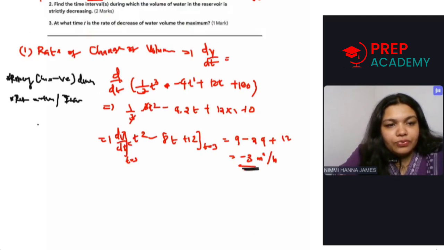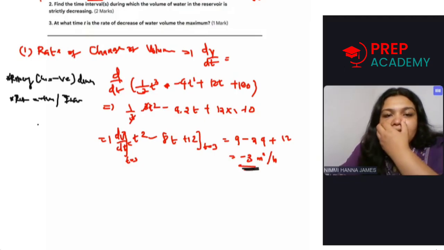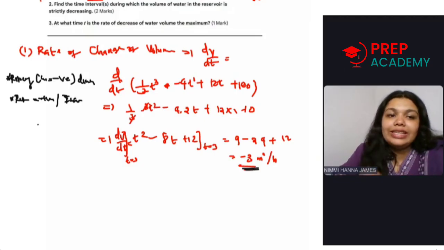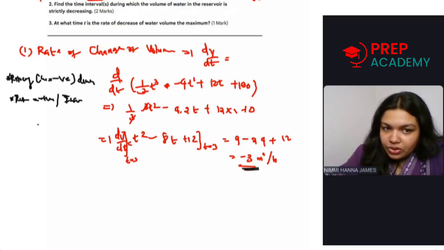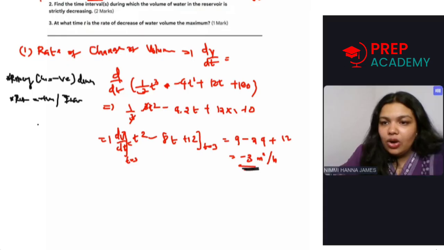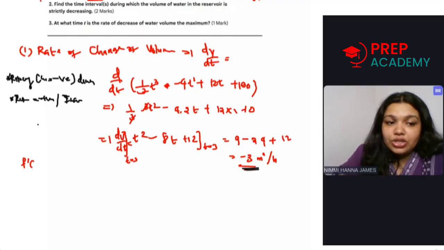Now the other question: find the time interval during which the volume of water in the reservoir is strictly decreasing. We have the volume function, and we want to find when this function is strictly decreasing. When f dash of x is less than 0, the function is strictly decreasing.